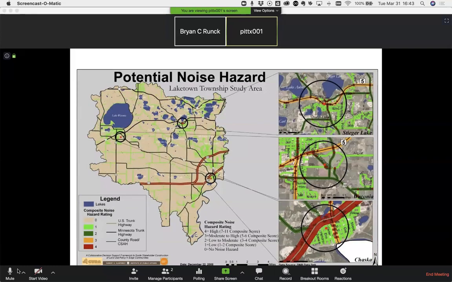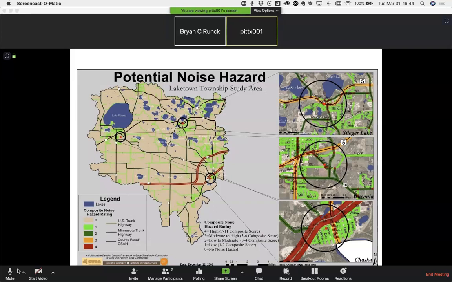We can also talk about noise hazards associated principally with road traffic. And so Highway 312 and 212, which are the principal major highways running through the landscape, have the highest noise hazard.